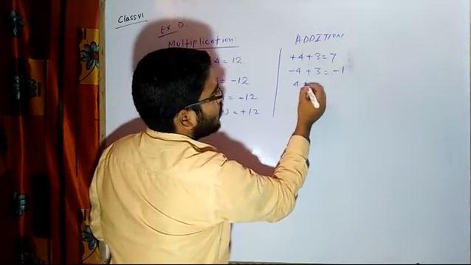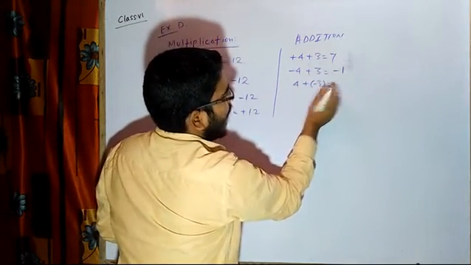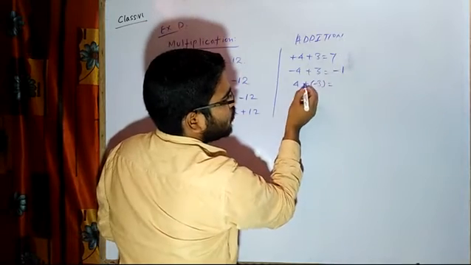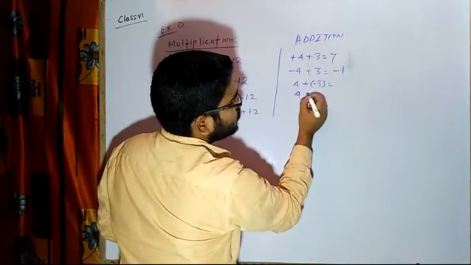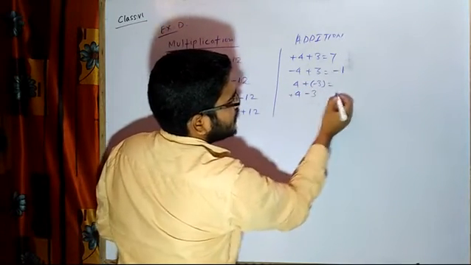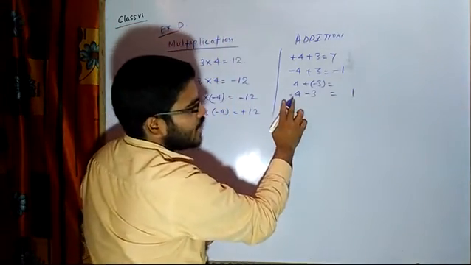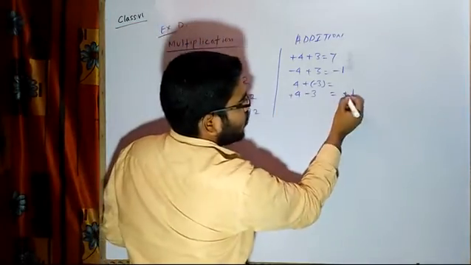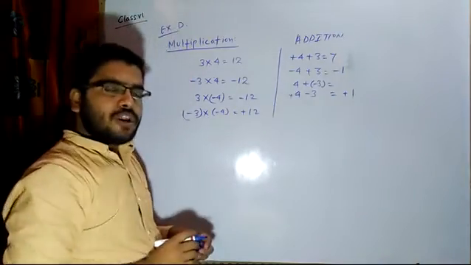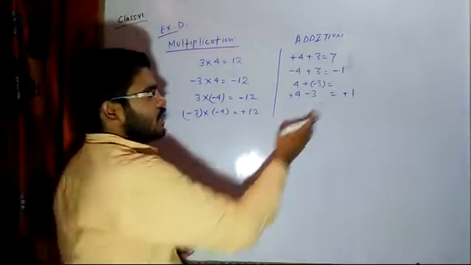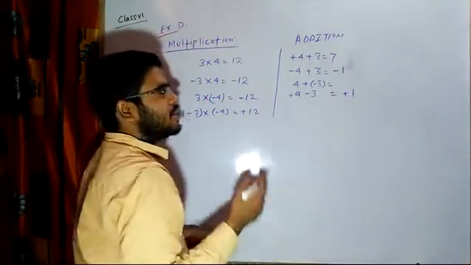If I have 4 plus of minus 3, again opposite sign, I will write it like this, plus into minus, minus 3, so it will be subtraction, and the sign will be of the greater number, that is plus 1. If you write plus 1, it is good. If you don't write it, then also it is good. Generally we don't write the plus sign, we only write negative signs.